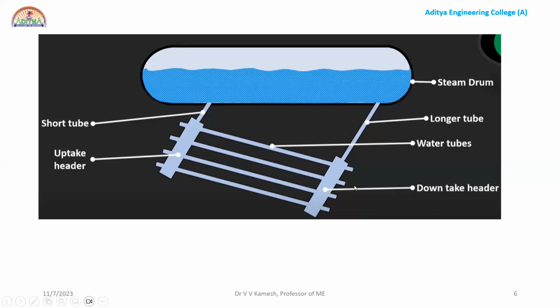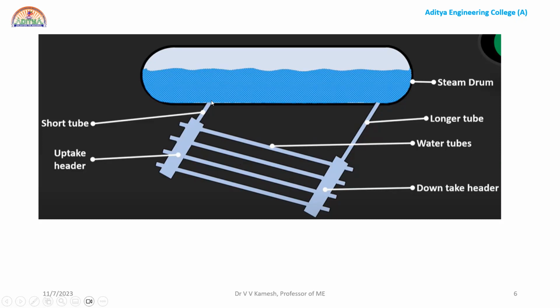So, uptake header and downtake header. Downtake header means it will go down, creating some angle. Even though you call this a header, these are all water tubes, right? Water comes from this passage at the right extreme, through the longer tube to the down header, and because there are linkages with the water tubes in between, the water passes on in this area and again goes to the short tube.